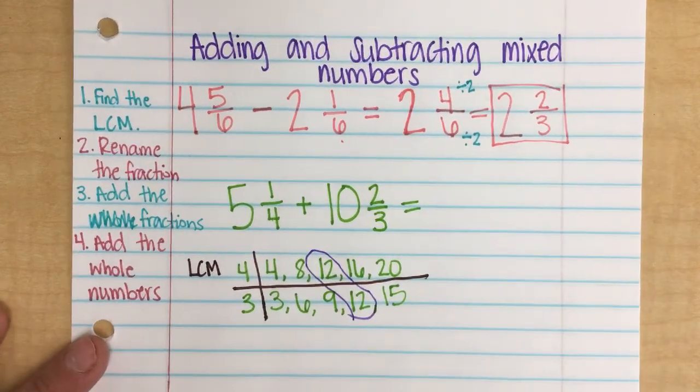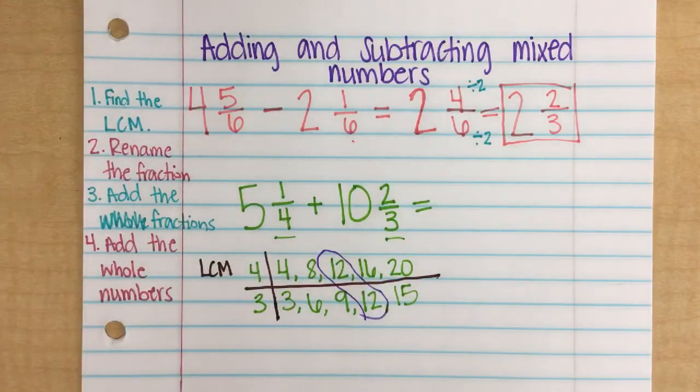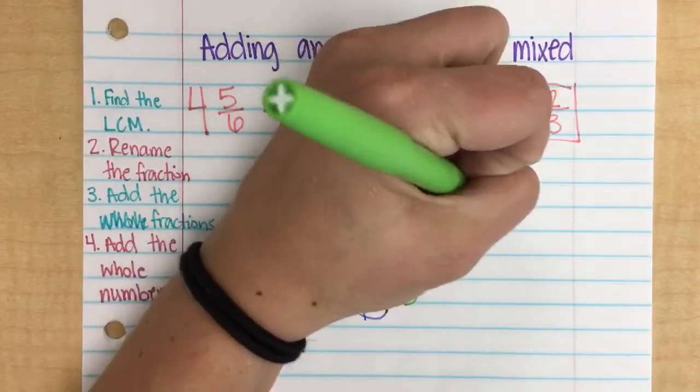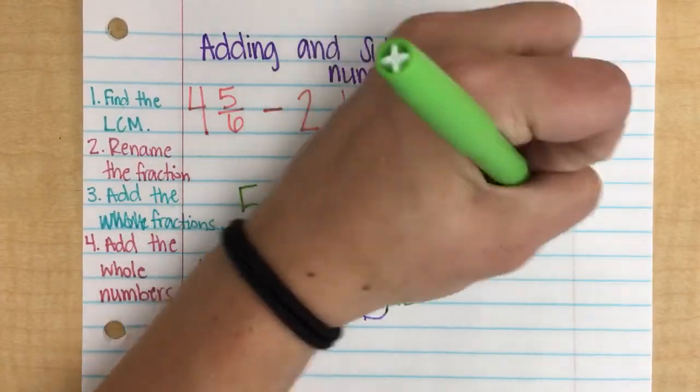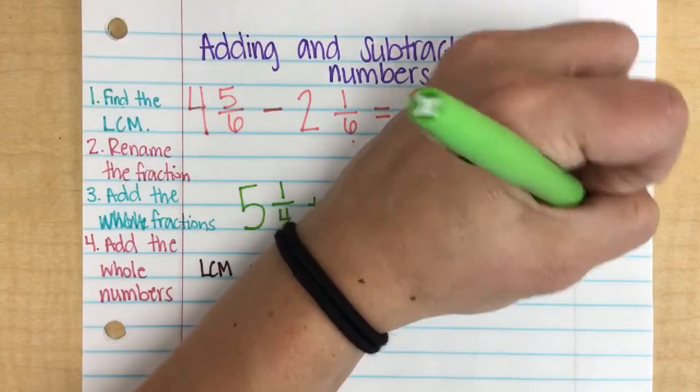So I need to take these fractions and I need to rename them so that they have denominators of 12. So I can change this to 5 with the fraction of 12 plus 10 with something over 12.